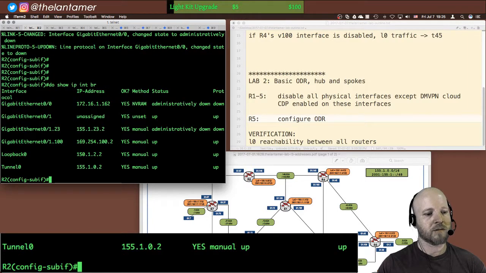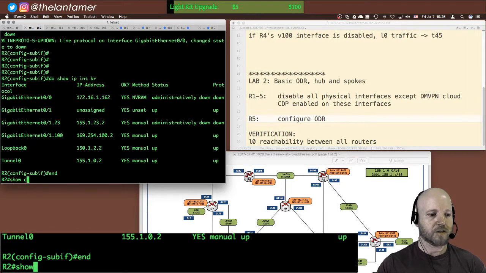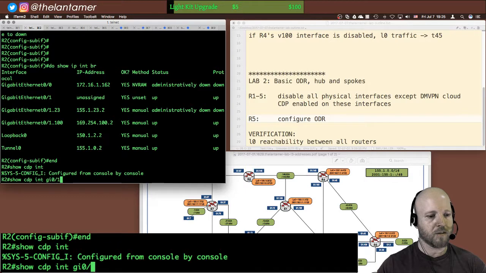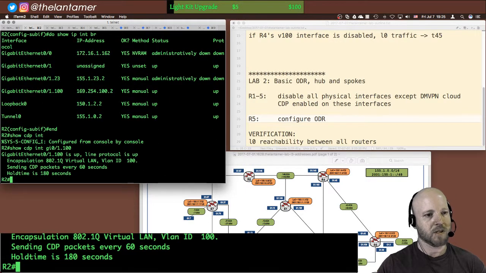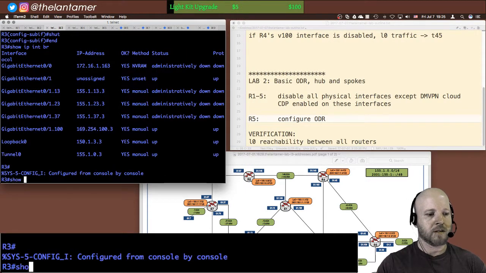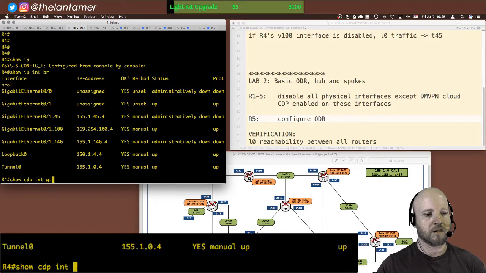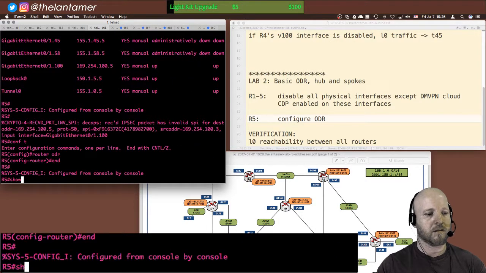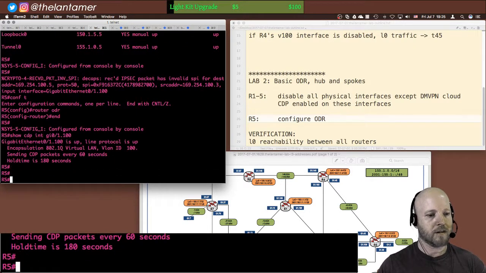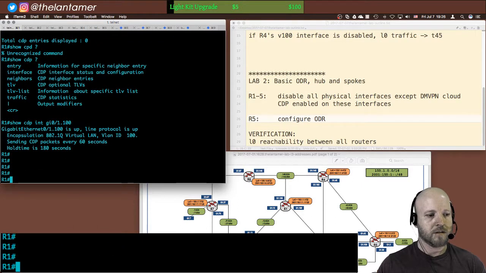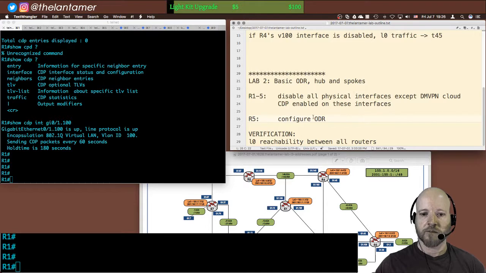Okay, router 2. Show CDP interface, just 0.1 100. Up. Okay, CDP is fat and happy. So, configure ODR.